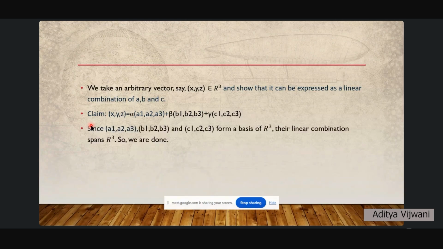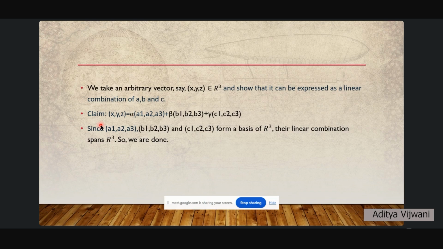Since these three vectors form a basis of R3, why do they form a basis? Because they span R3 and they are linearly independent. We took them not to be scalar multiples of each other. So the linear combination spans R3. So we are happy with it.